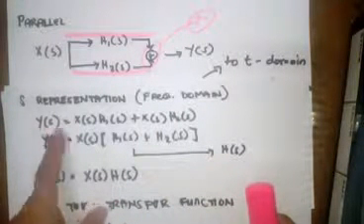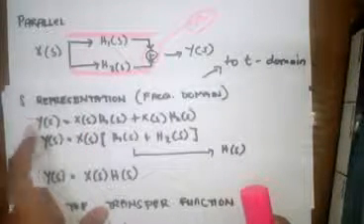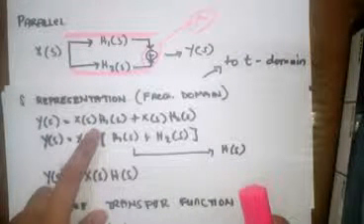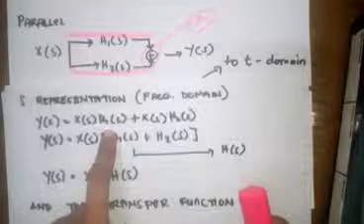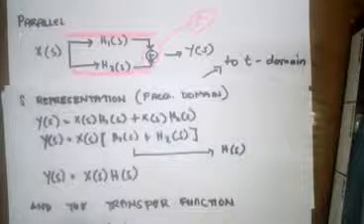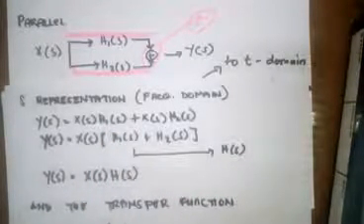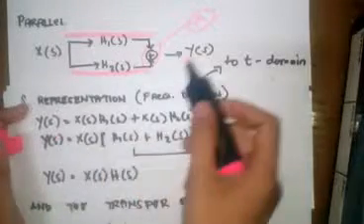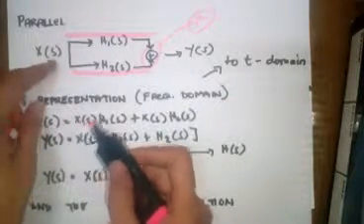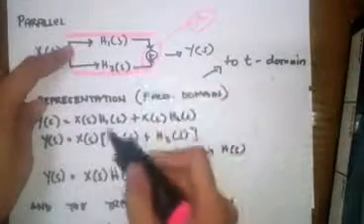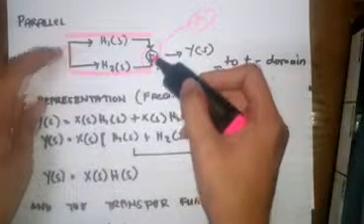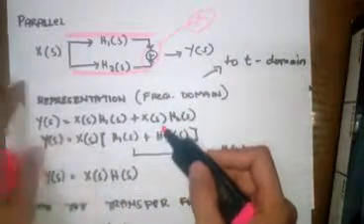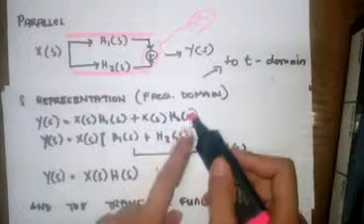Thus, the y and x are in capital letters. And instead of using convolution, we just use the basic operation, which is multiplication. So y of s, the output, is equivalent to x of s, the input, times h of 1 of s for the upper part, plus x of s, the input again, multiplied by h of 2 of s.